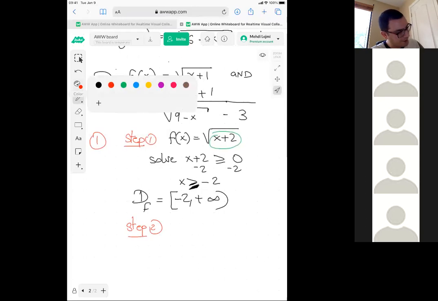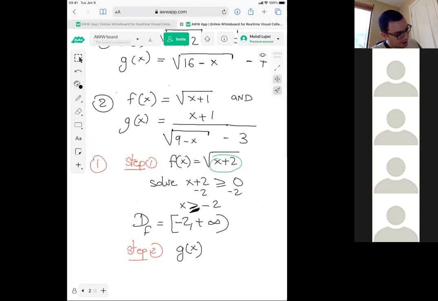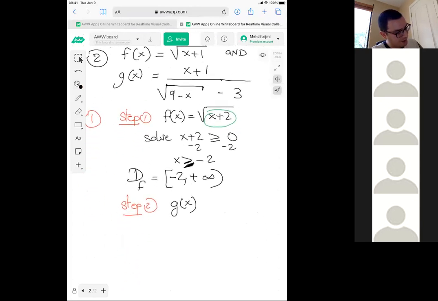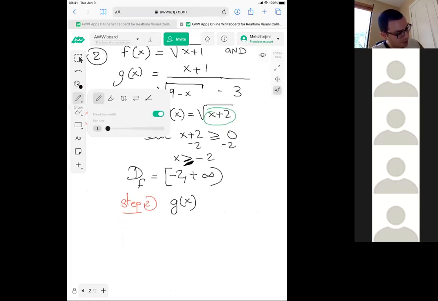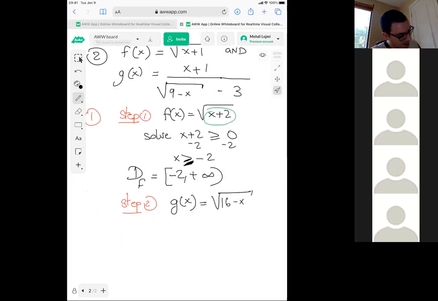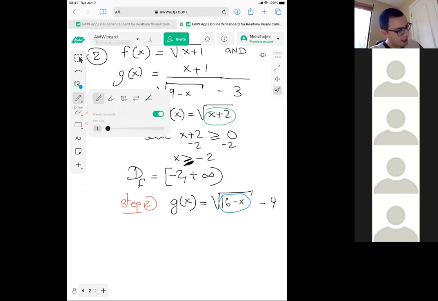So g of x is equal to square root of 16 minus x, minus 4. That's my g of x. And as I said, I don't care about what's outside the square root. You need to take the expression under the square root, which is 16 minus x.